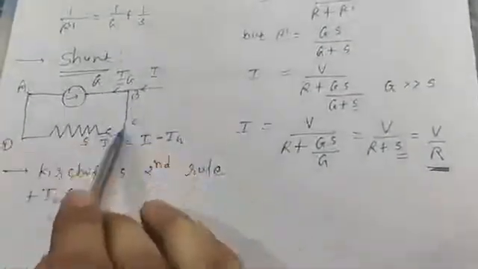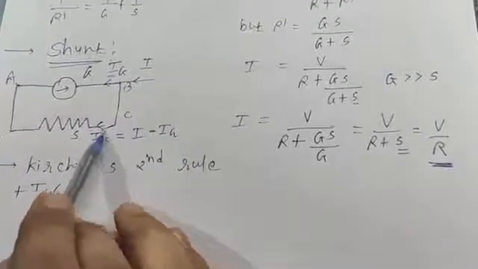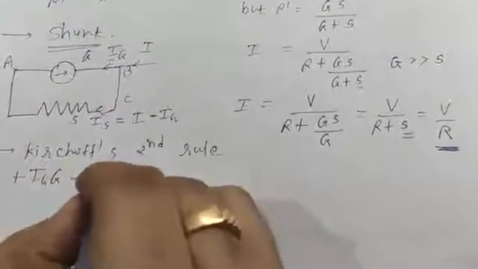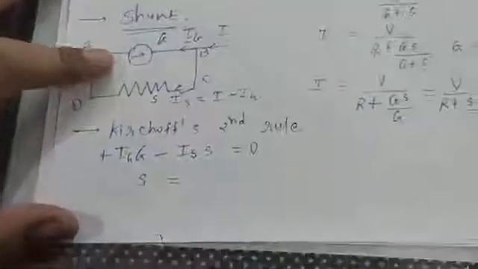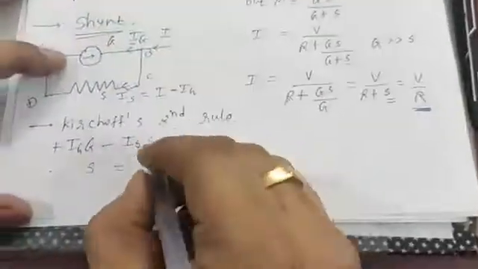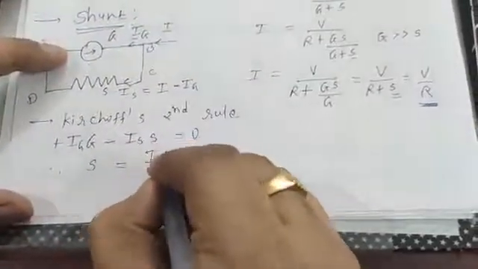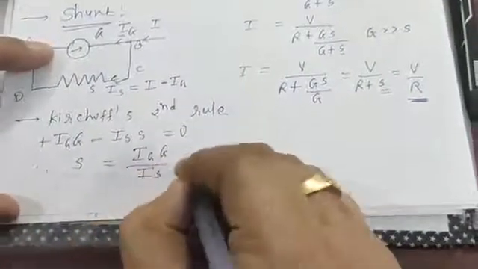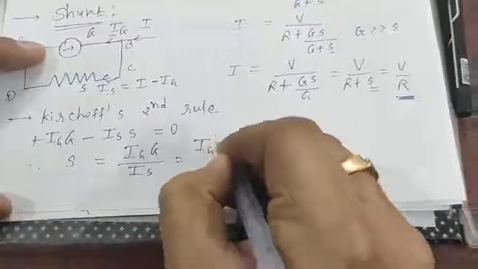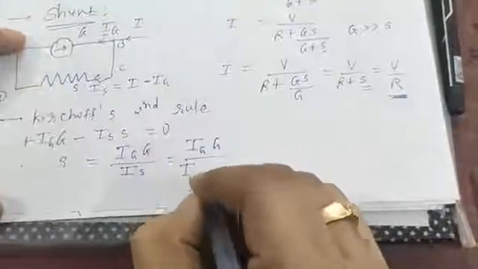Okay, now going in this direction, in the direction of current, so minus IsS is equal to 0. Okay, now make S the subject, so S is equal to IgG upon Is. So IgG upon Is is actually IgG upon I minus Ig. This is the formula of the shunt.